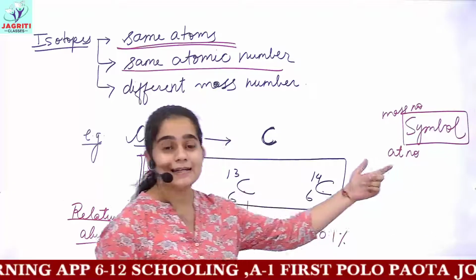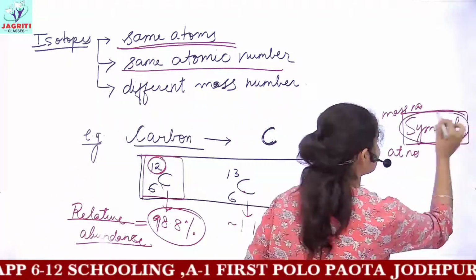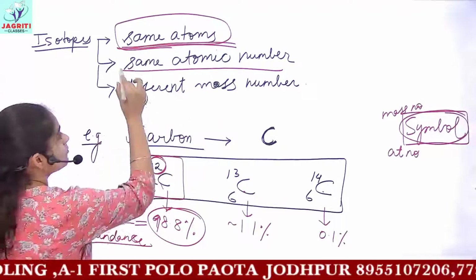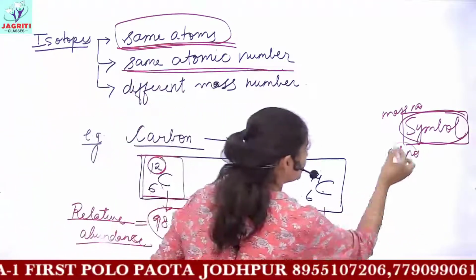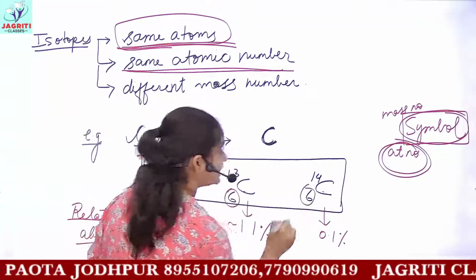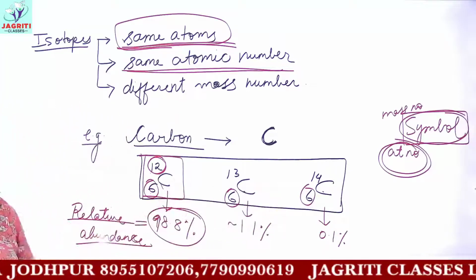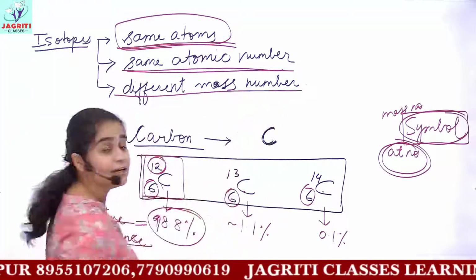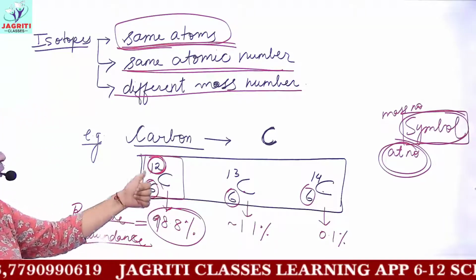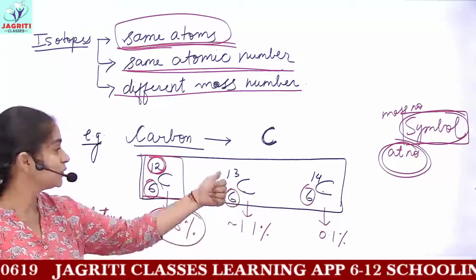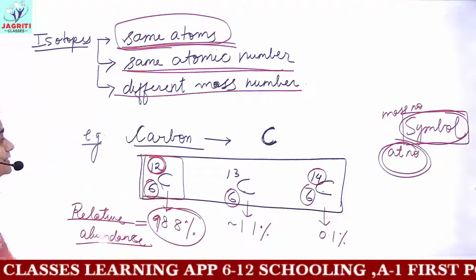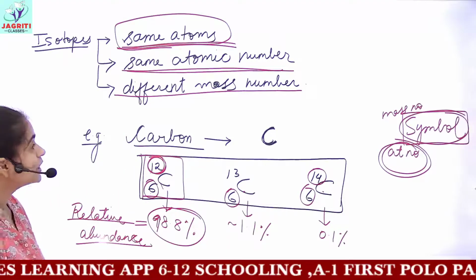So while writing the isotope, you will have the same symbol because these are made up of the same atom. The next is that they have the same atomic number, so the atomic number written below would be the same for all: 6. Next, they have different mass numbers. You can easily see that the mass of the first isotope is 12, the next has a mass equal to 13, and the last one has a mass equal to 14 units. So these are the three isotopes of carbon.